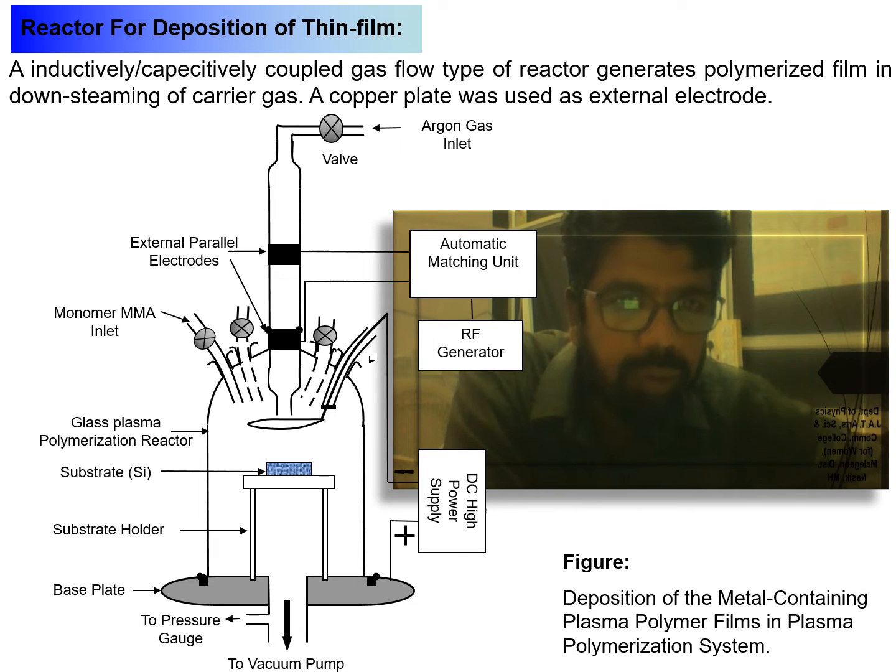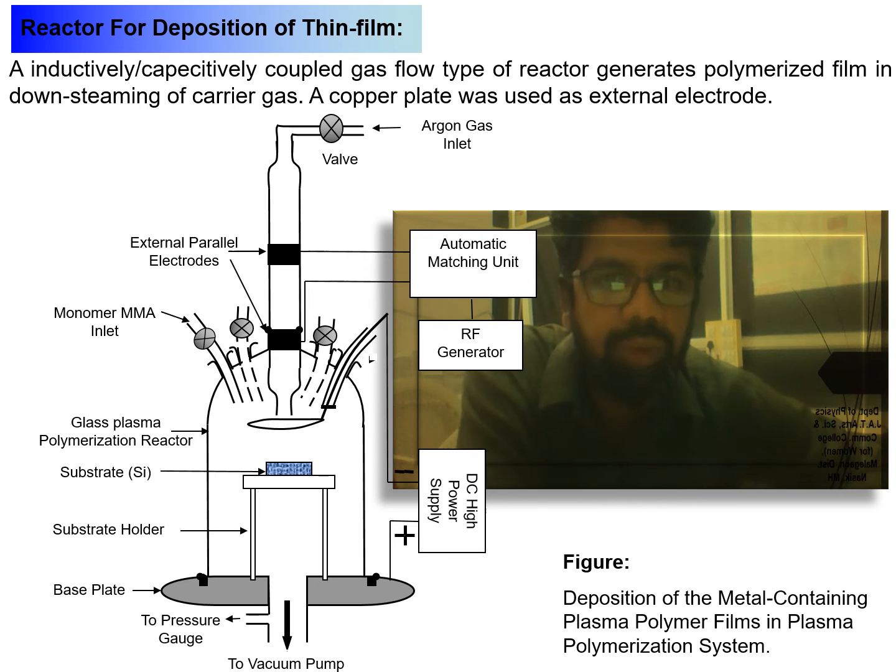Now, in this figure, we will see the vacuum. The part below is connected to the vacuum pump at a particular pressure. Then the base film, then the reactor. Within the reactor, there is a table called the substrate holder. On this substrate holder, we have a substance.